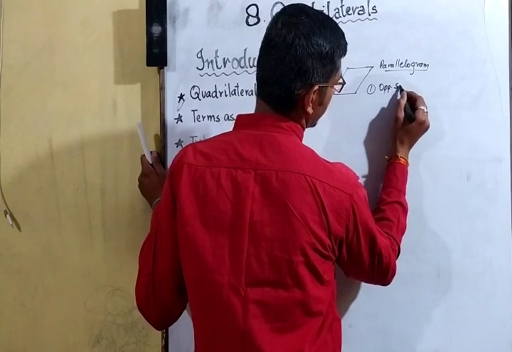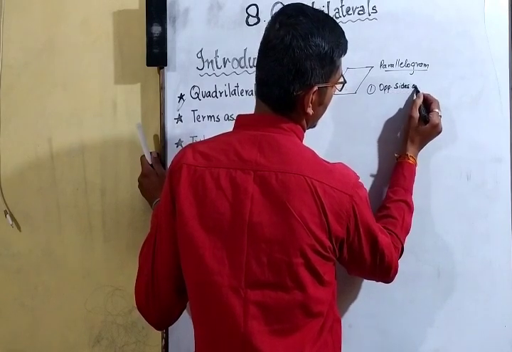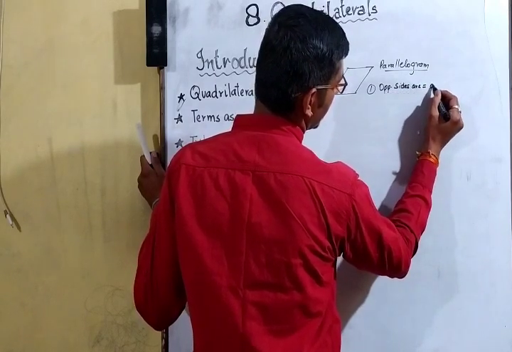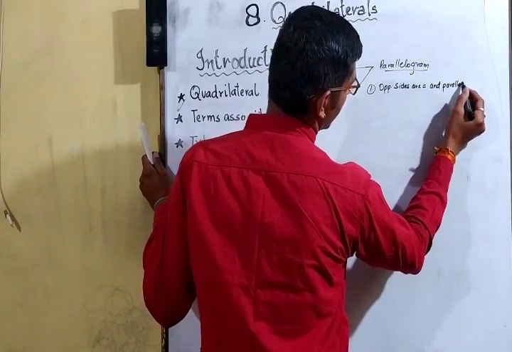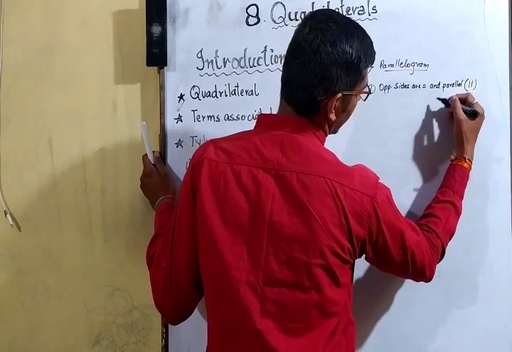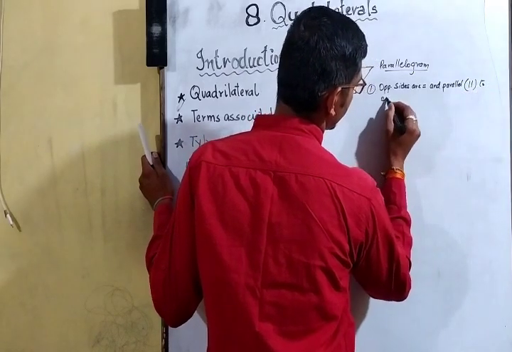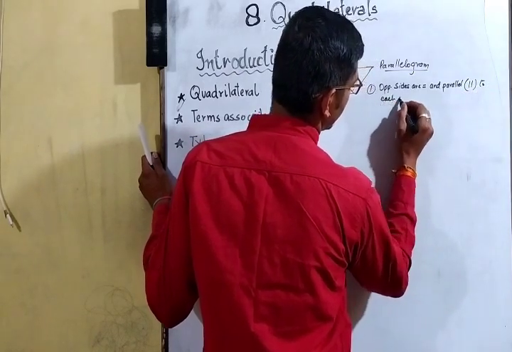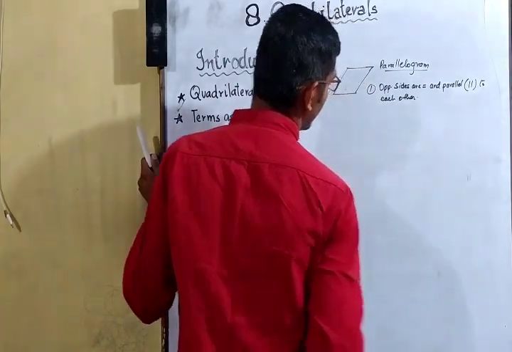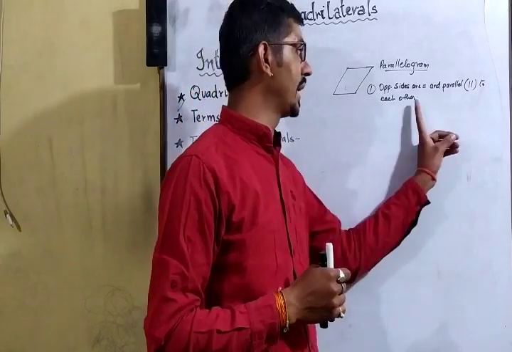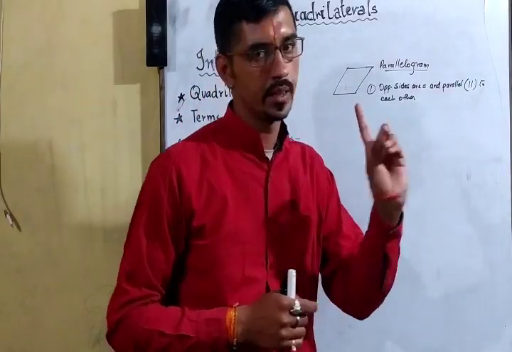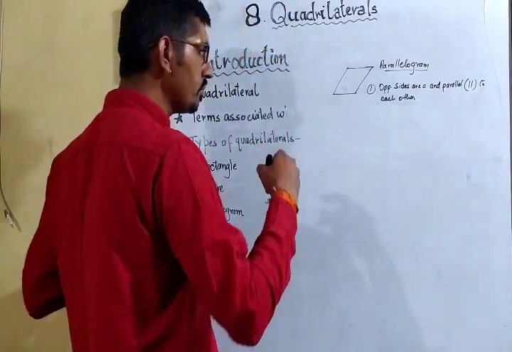Opposite sides are equal and parallel, and the symbol of parallel is this. We know that parallel to each other. Very simple property is this. A four-sided closed figure whose opposite sides are parallel and equal to each other, it is known as parallelogram.